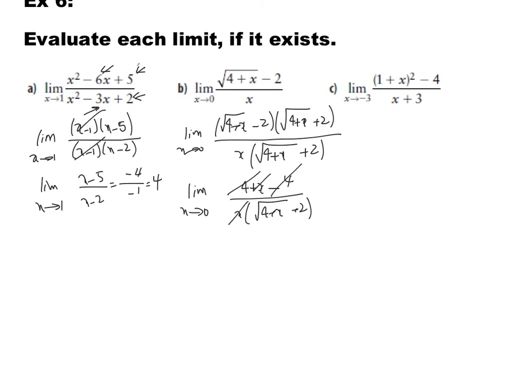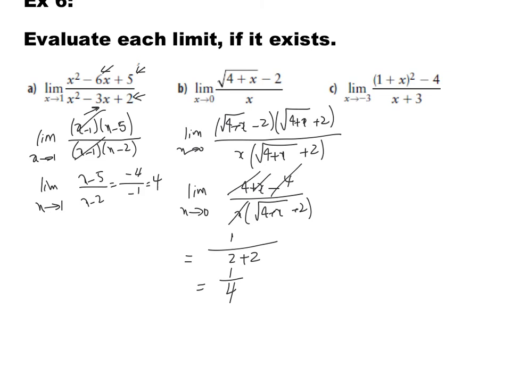So when x goes to 0, this becomes 1 over square root of 4 plus 0 is square root of 4, which is 2 plus 2, which becomes 1 over 4.